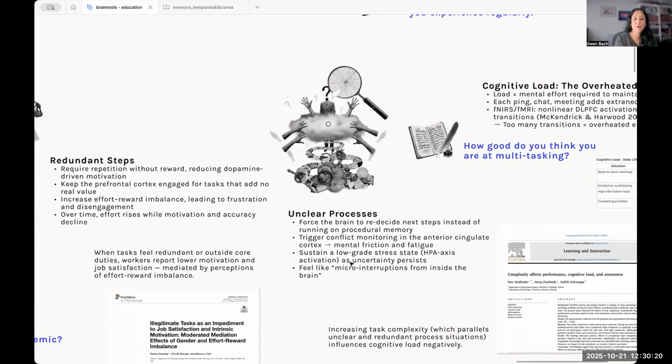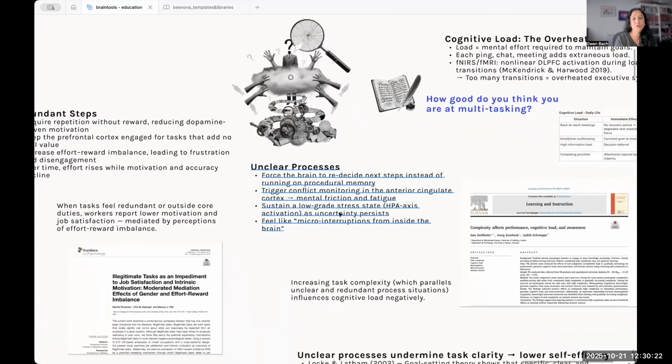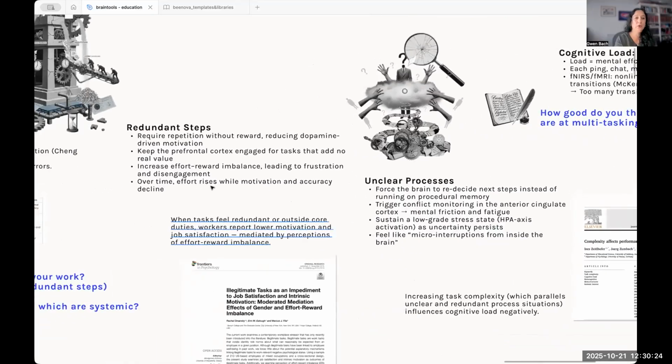So now we've covered the interruptions and the unclear processes, and now we go to redundant steps. I thought this was really interesting because we often have tasks that don't seem important, or we don't understand why they're important, or we feel that five people touch the same thing and it makes no sense that I do that.